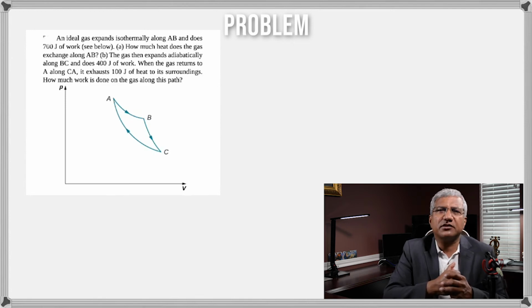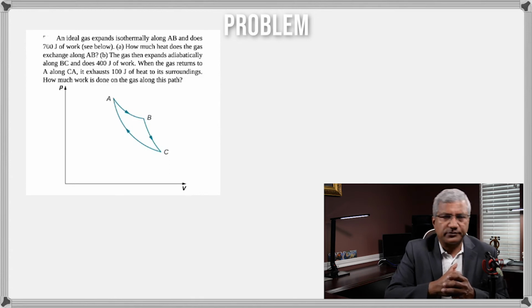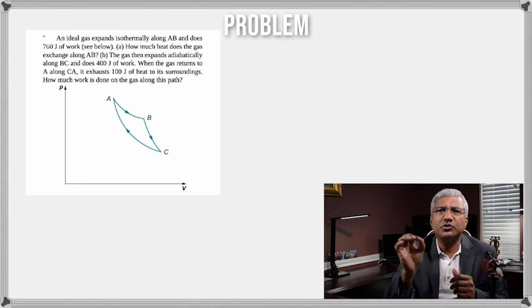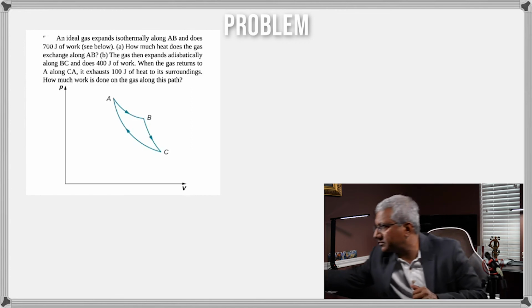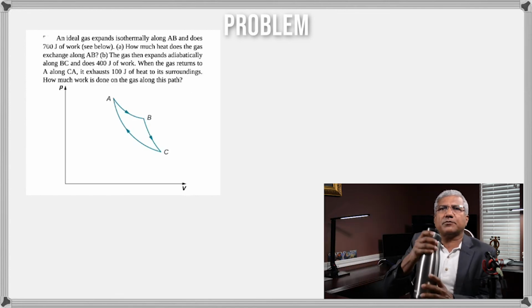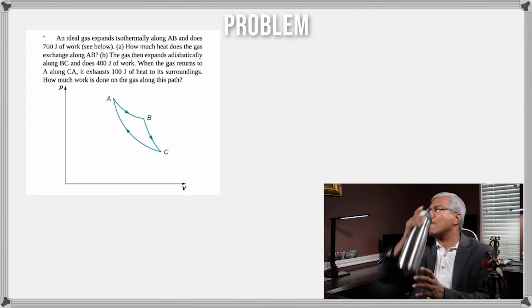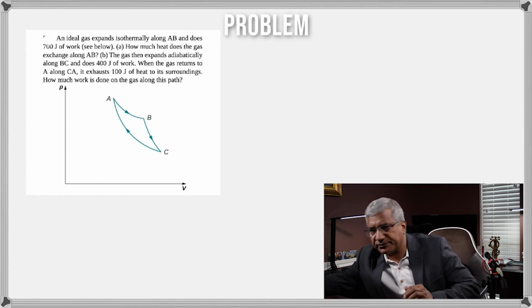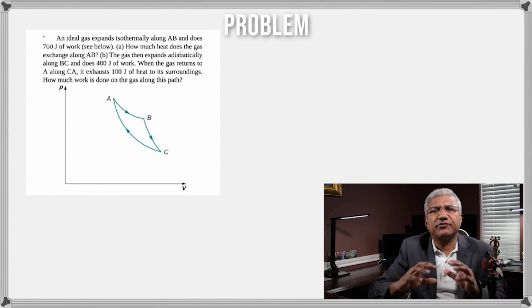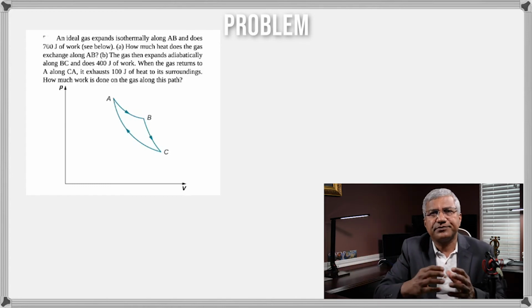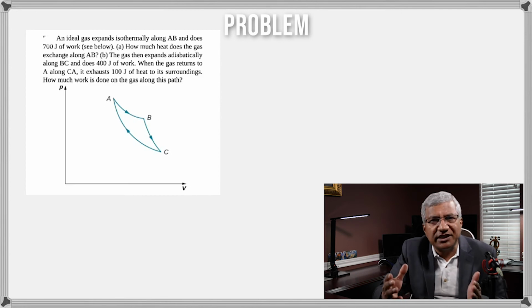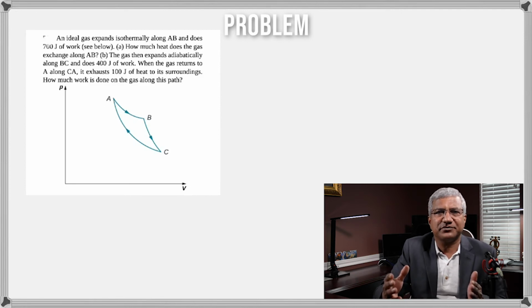What is the change in temperature during an isothermal process? There is no change in temperature. By definition, an isothermal process takes place at constant temperature. If there is no change in temperature, then there is no change in internal energy.